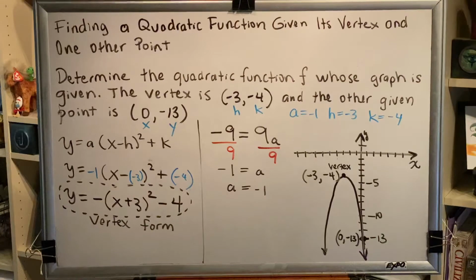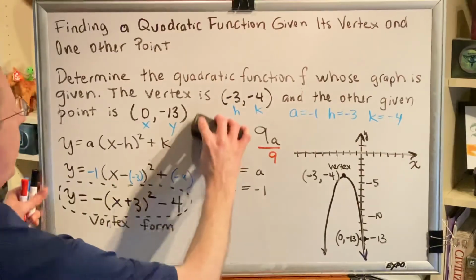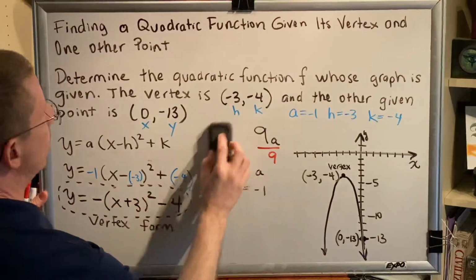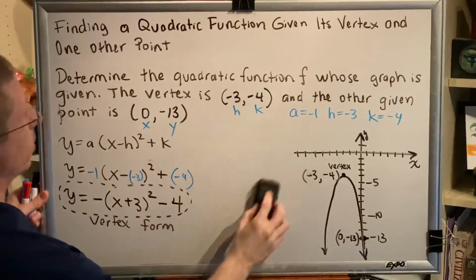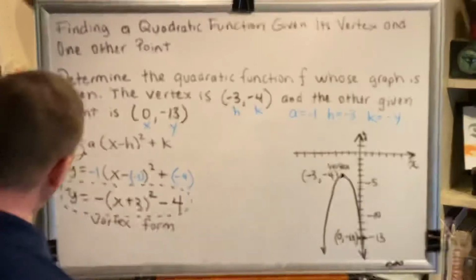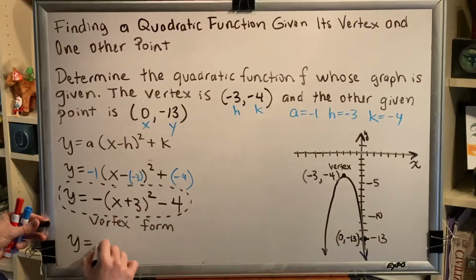However, this problem requires us to write our answer in the standard form. So we need to rearrange this equation so that it no longer has these parentheses in it, and it's of the form ax squared plus bx plus c. All right, so let's go ahead and do that. So we get y equals, we've got a hyphen.